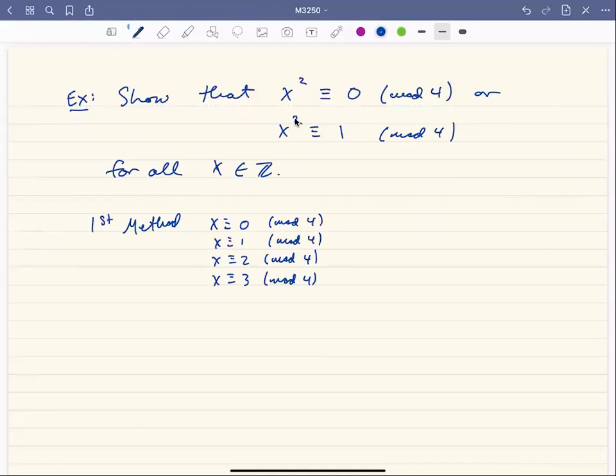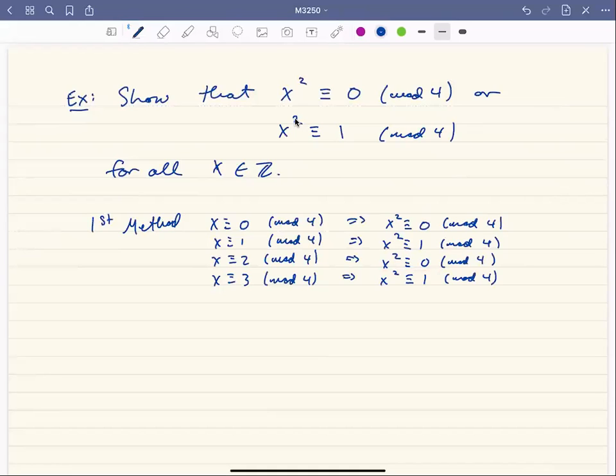The first two are super straightforward because 0 squared is 0, and 1 squared is 1, so that's fine. 2 squared is 4, and 4 is 0 because we're working mod 4, because 4 and 0 have the same remainder when divided by 4. So when we square 2, x squared is congruent to 2 squared, which is 4, but 4 is just 0 mod 4. And likewise, when x is 3, we end up with x squared being congruent to 9, and 9 is congruent to 1 mod 4.